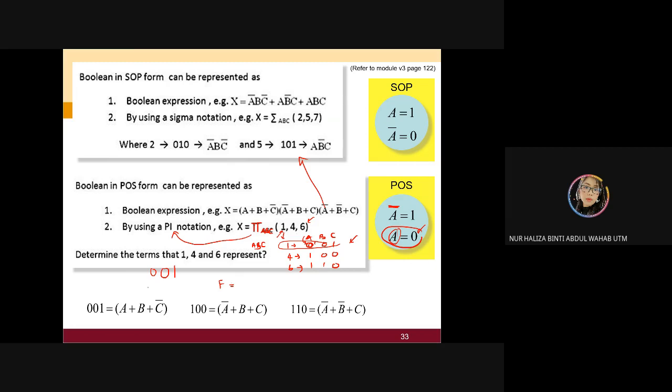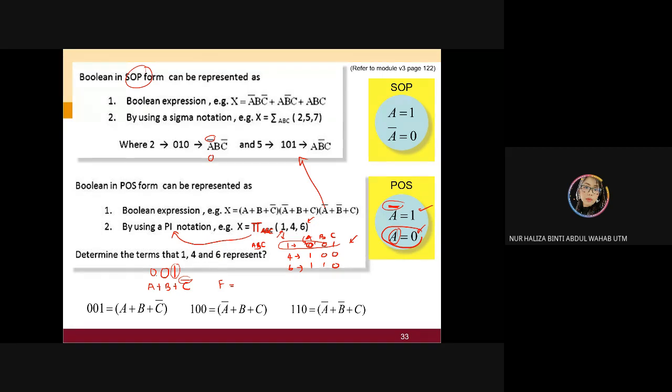It will be A plus B plus C bar. Why C bar? Because it is 1. If 1, there is a bar. You can see it's totally different from your SOP. For your SOP, if you have a bar, it's going to be 0. But for your POS, if there is a bar, it's going to be 1.